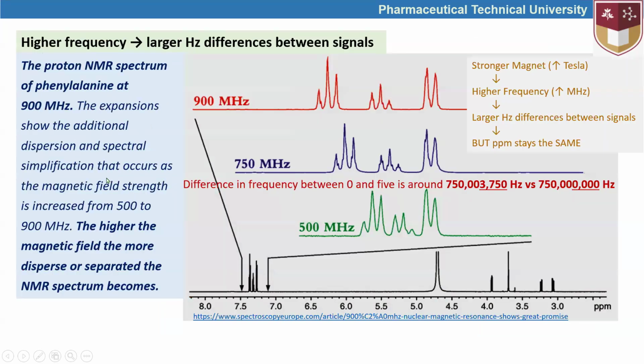Carbon-12 is inactive. Another point we have to understand is that higher frequency leads to larger Hertz differences between signals. If we use 500 megahertz radio frequency in the NMR, we might obtain these kinds of signals.